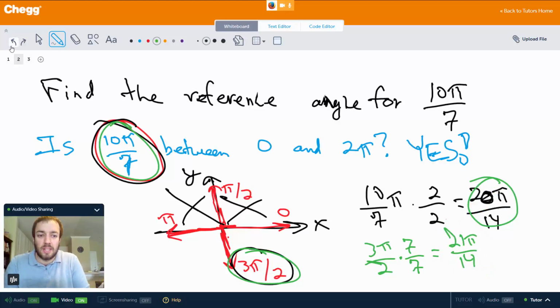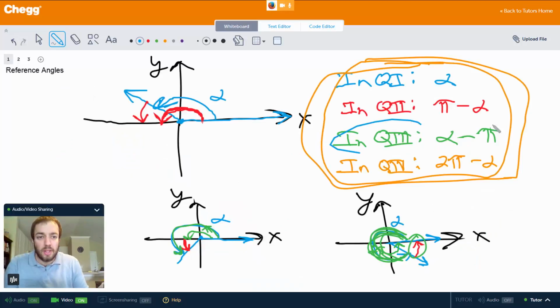So what that means then is that 10 pi over 7 is somewhere right about here, roughly. Okay, so here is 10 pi over 7. So what that means then is that the reference angle is actually this acute angle right here. And how do we find that? Well, again, we're in quadrant 3, so our reference angle is going to be alpha minus pi.